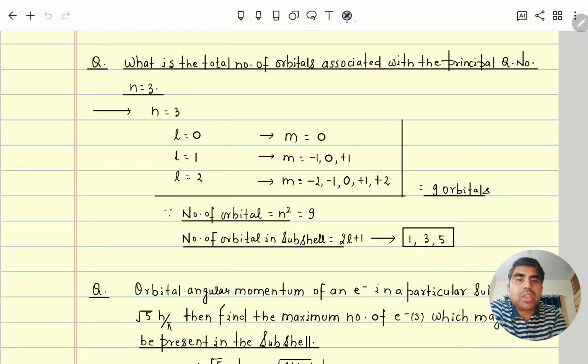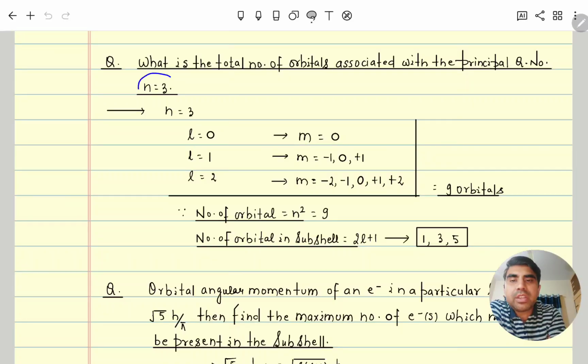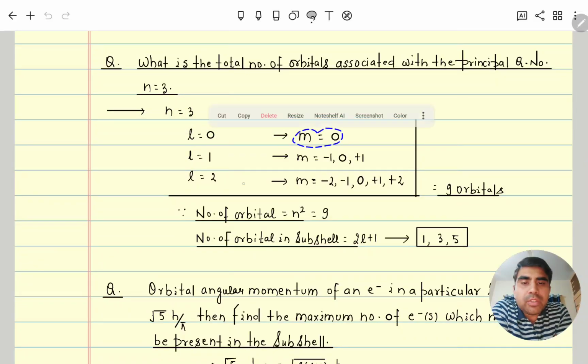If n is equal to 3, L value will be 0 to n minus 1, so it will be 0, 1 and 2. If L is 0, the magnetic quantum number will also be 0. If L is 1, the range is minus L to plus L including 0.